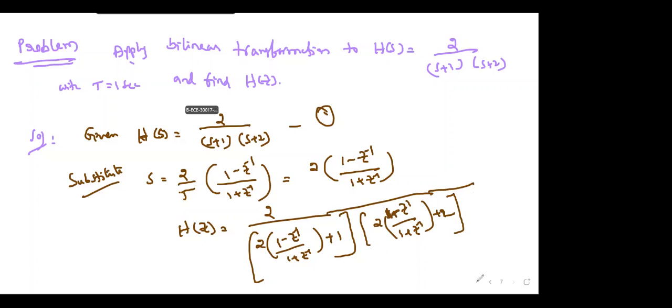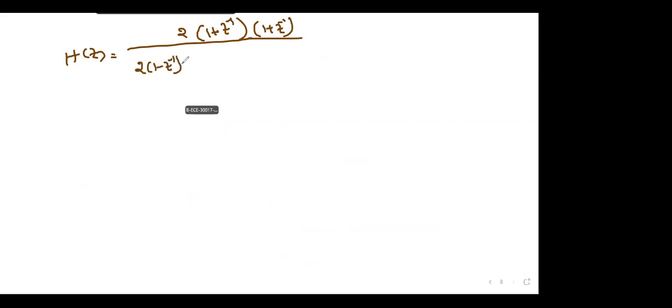Now you simplify this, and that is enough. Therefore H of z, if you take the total LCM, on top we get (1 plus z inverse) two times, and the denominator will get 2 into (1 plus 1 minus z inverse) plus (1 plus z inverse). This is the first term.